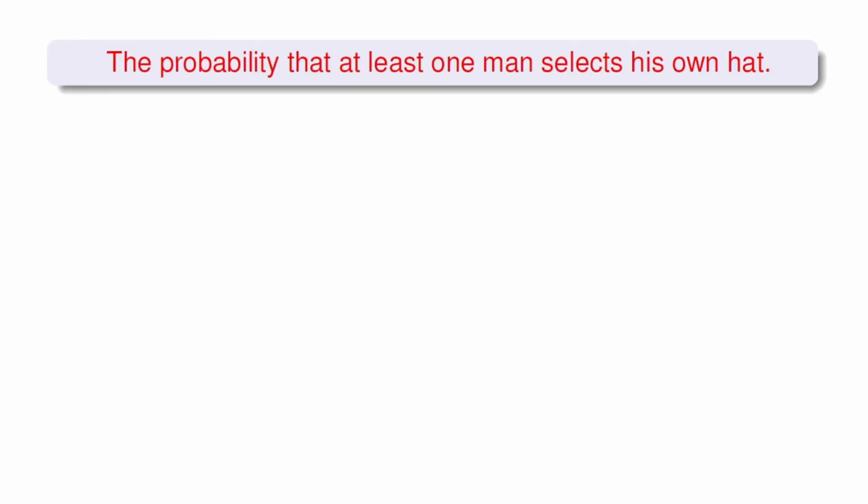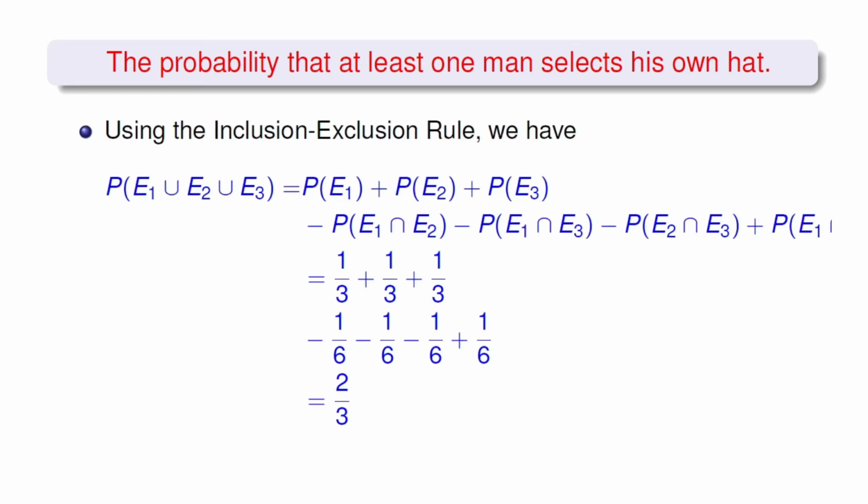Then we are ready to solve this problem. Just plugging all these values into the formula, the probability of E1 union E2 union E3 equals 2/3. Then what is the probability that none of these 3 men selects his own hat?